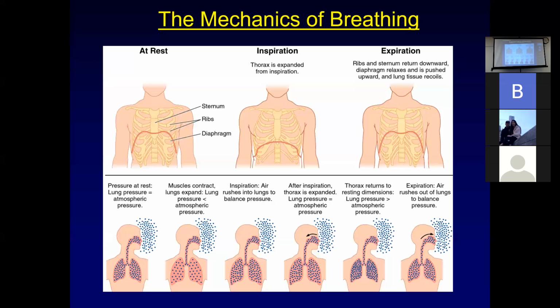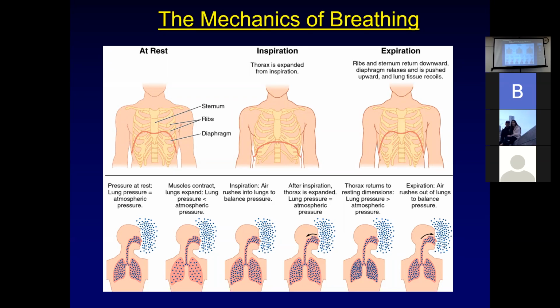When you want to exhale, then you're going to relax your diaphragm. It goes back up, squeezes that space down, pressure rises. Pressure inside is higher than pressure outside. So then air is going to move out. Typically at rest, breathing is relatively passive. We'll talk about the respiratory centers and what controls diaphragmatic contraction in a second.